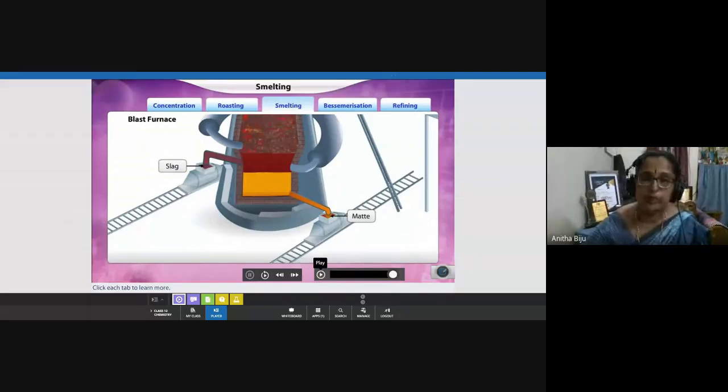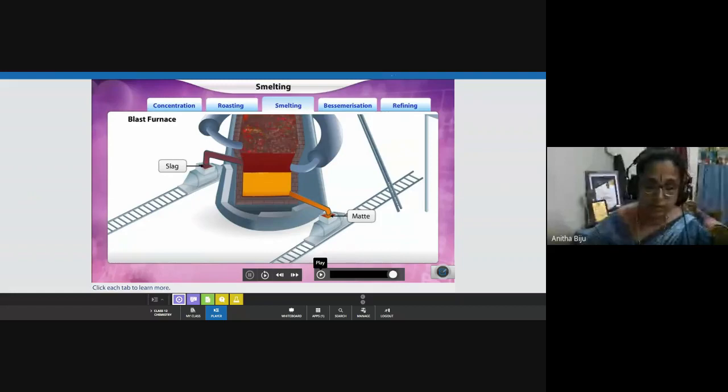This is the name of the product obtained after smelting. And what is the composition of matte? Composition of matte is, it is the mixture of two major compounds. One is Cu2S, cuprous sulfide, and the second one is ferrous sulfide, FeS. Okay. These are the two components, major components present in matte.